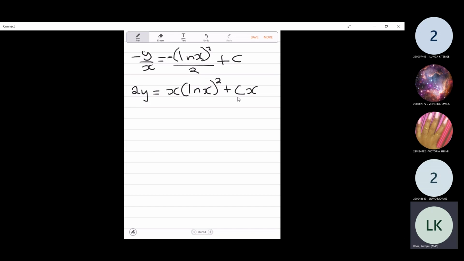Okay, so again, when I multiplied this constant by 2 or negative 2, it didn't change from being a constant, so still a constant there. And then this x here is the one that I multiplied throughout like that.